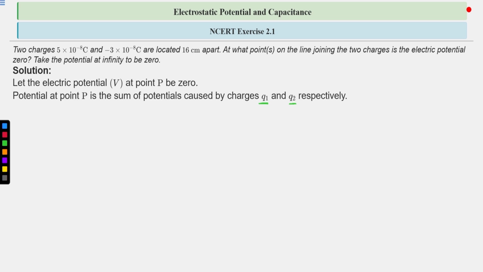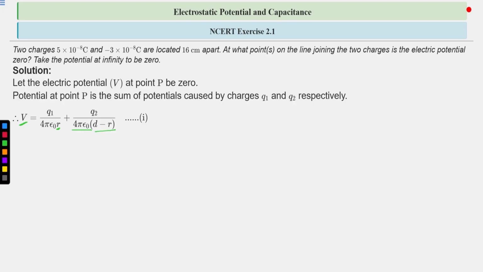So V equals Q1 by 4 pi epsilon naught R, plus Q2 upon 4 pi epsilon naught (D minus R), and the sum of these two potentials at P is equal to V.